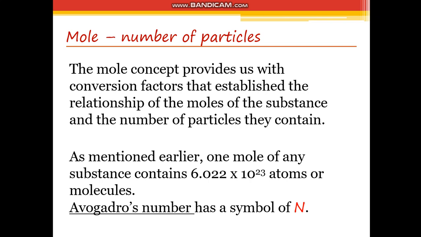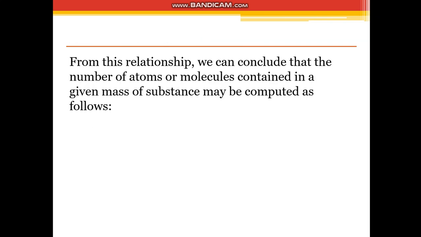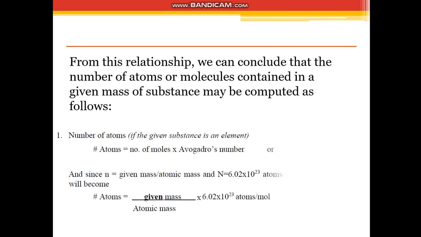As mentioned earlier, 1 mole of any substance contains 6.022 × 10^23 atoms or molecules. Avogadro's number has a symbol of capital N. From this relationship, we can conclude that the number of atoms or molecules contained in a given mass of substance may be computed as follows.